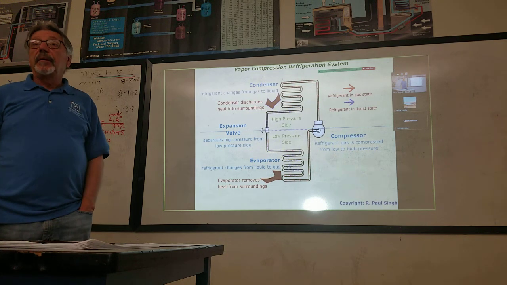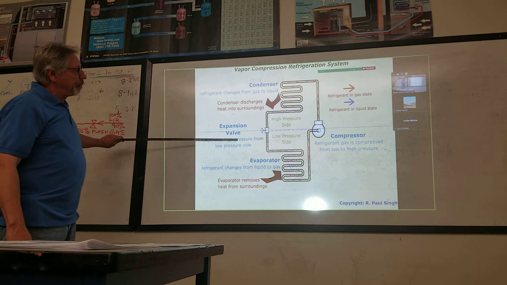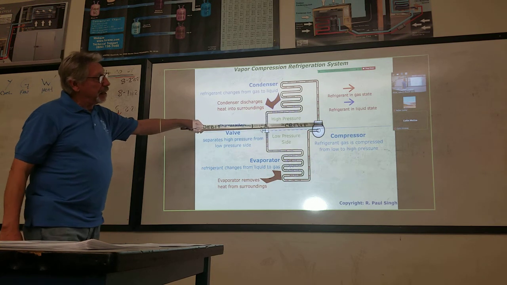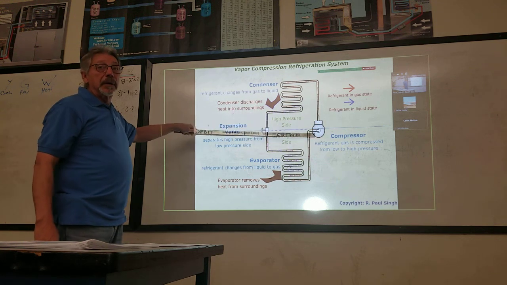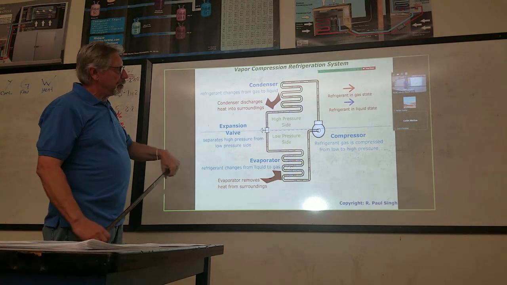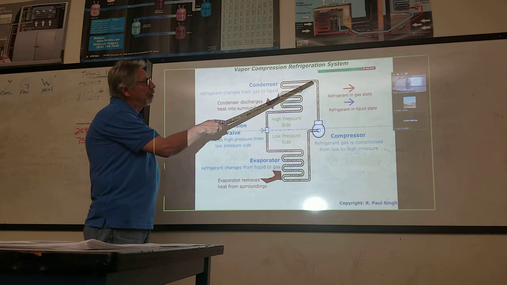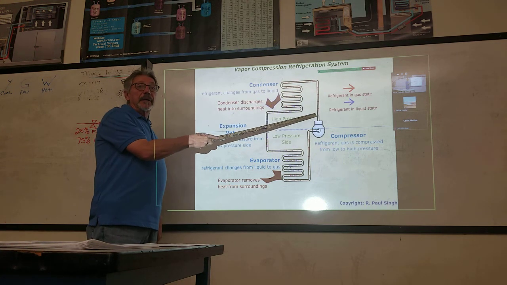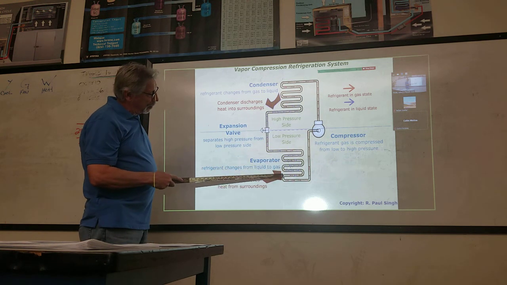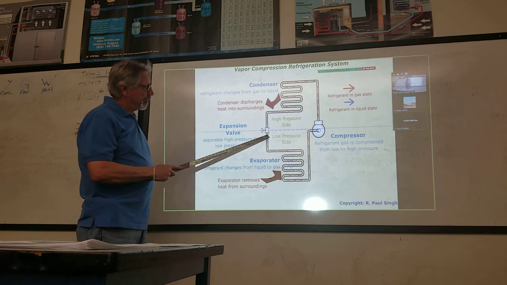Check it out, this is moving. Here's your expansion valve right here, and here's your compressor, your condenser and your evaporator. You can tell by the color of the arrows, they're red, meaning they're hot, and they're cooled coming out of the expansion valve.